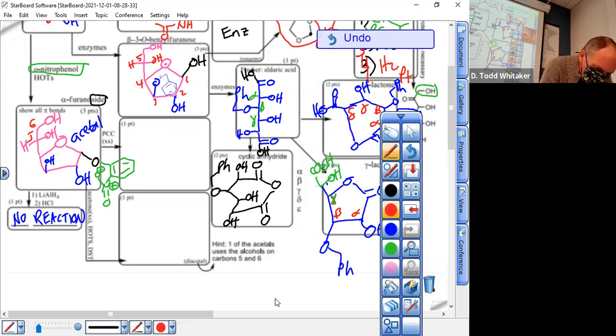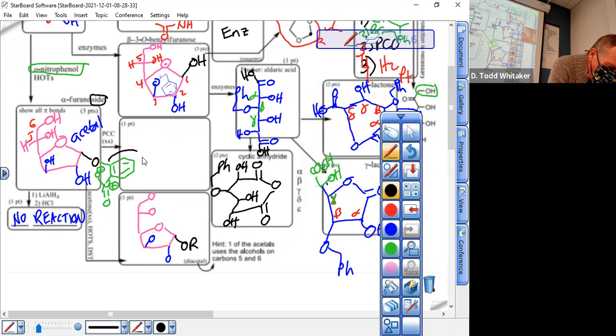So here's the deal. Code pink. Up O, down O. Don't draw the H's on there. You've drawn it once, don't draw it again. And here's the red.